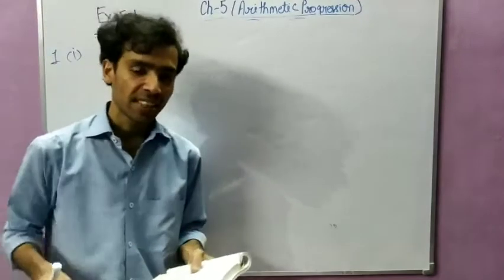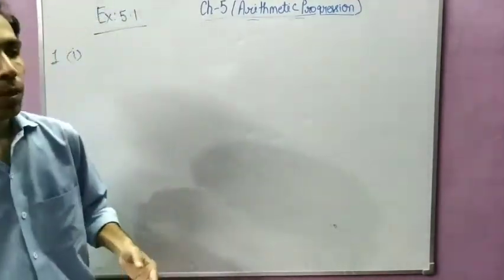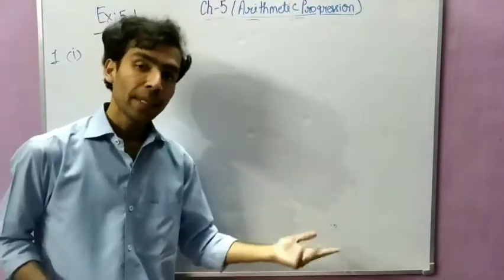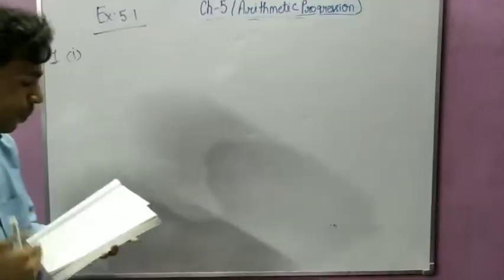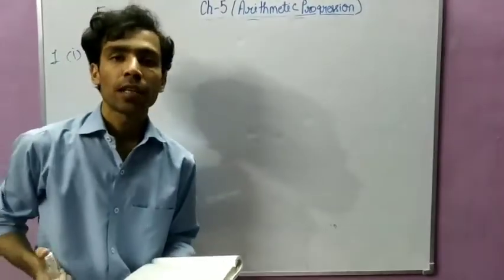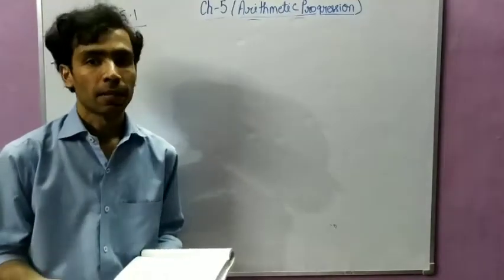For each case, you have to prove whether they are in AP or not. If they are in AP, then why it is in AP, you have to show it. So some situations are given, and based upon their values you have to check whether they are in AP or not, and if they are, then why and how.